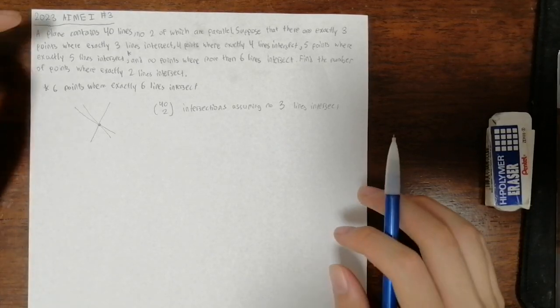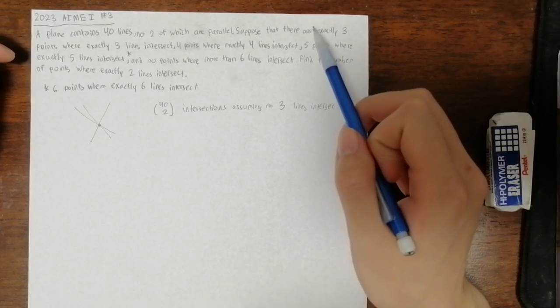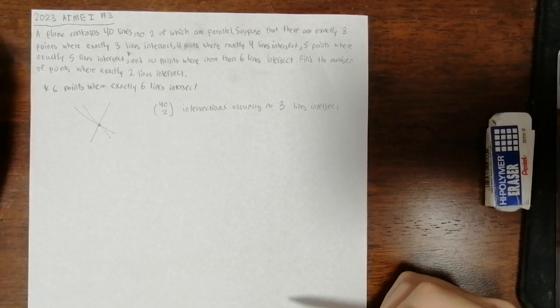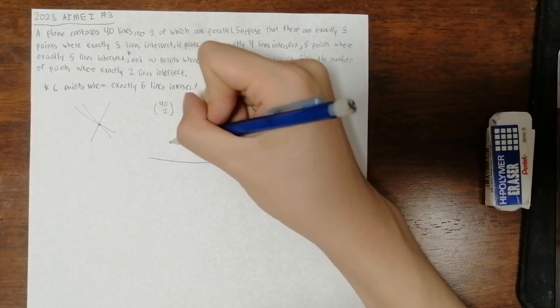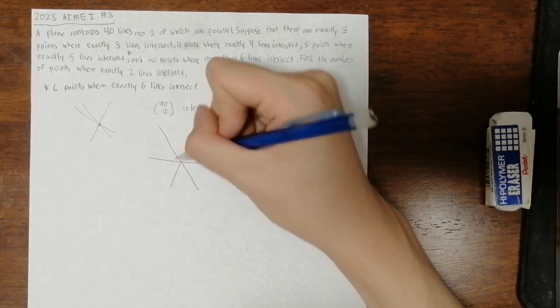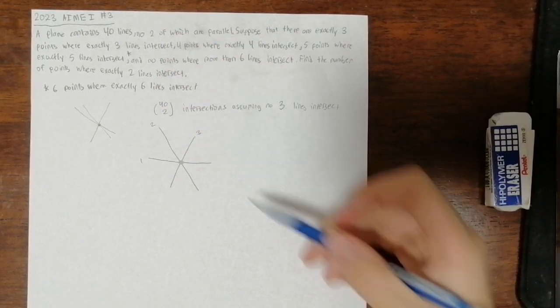So let's consider the first case. There are exactly 3 points where exactly 3 lines intersect. So what would happen in that case? Let's say we have some lines arrangement like this, and we have 3 lines here.